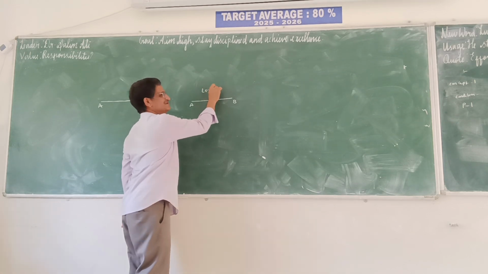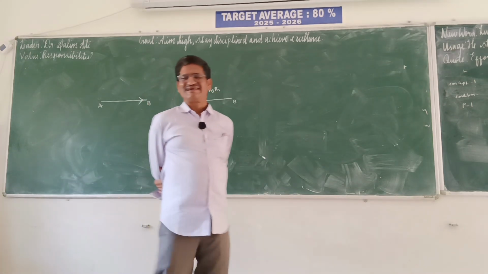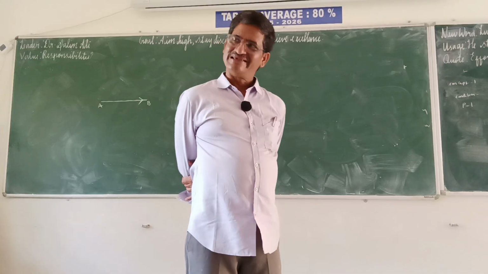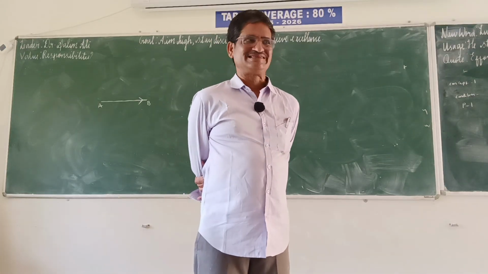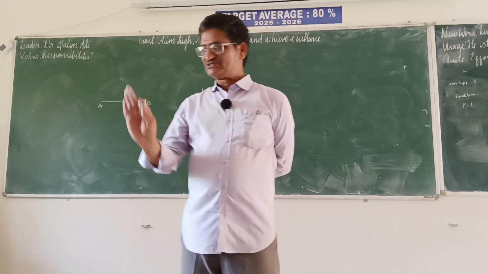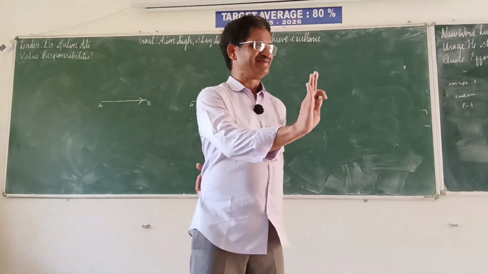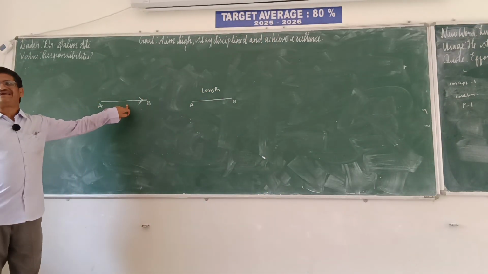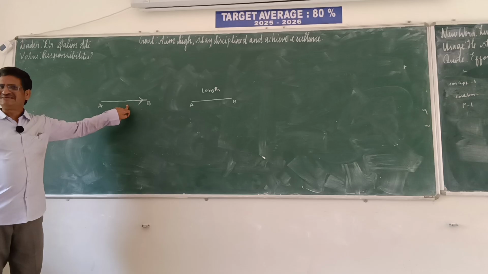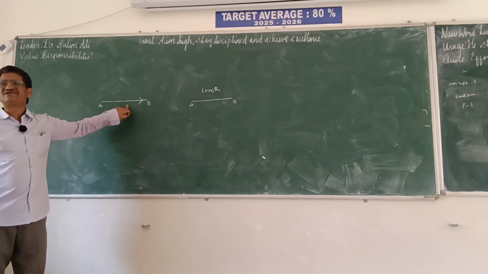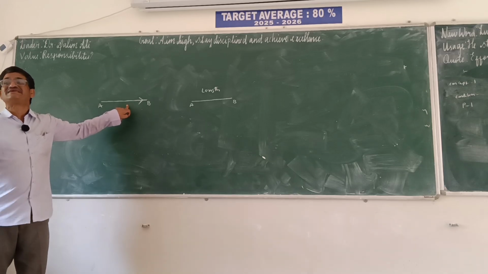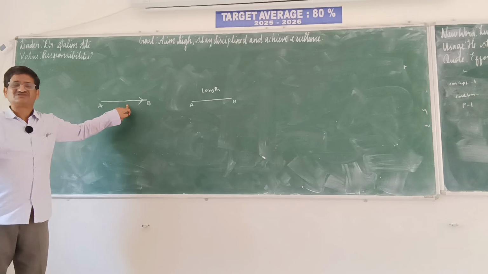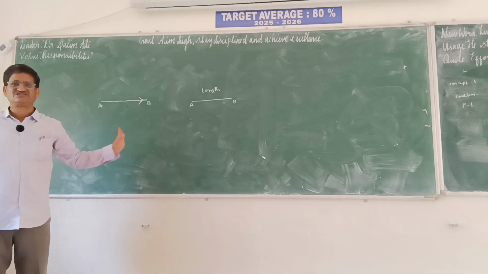Yes or no? Length positive or negative? Yes, always positive. Length can never be negative, zero or positive value. So this length of a directed line segment is called the magnitude of the vector in physics. So it is always positive.